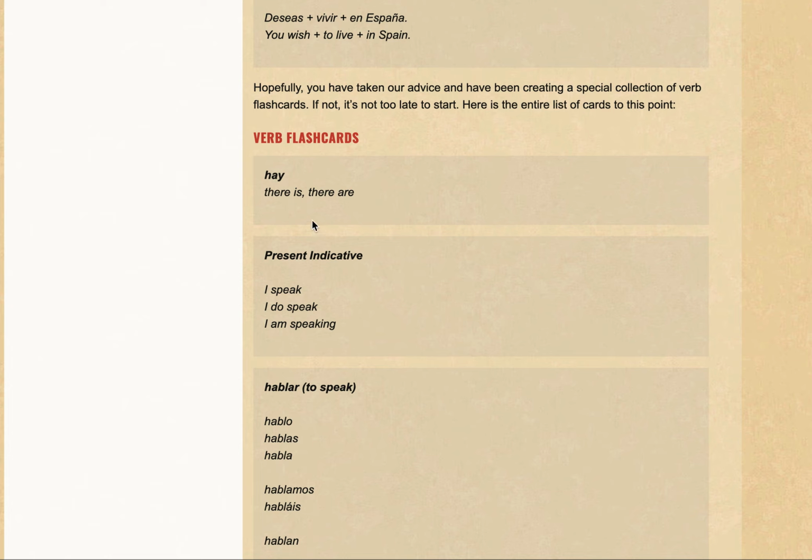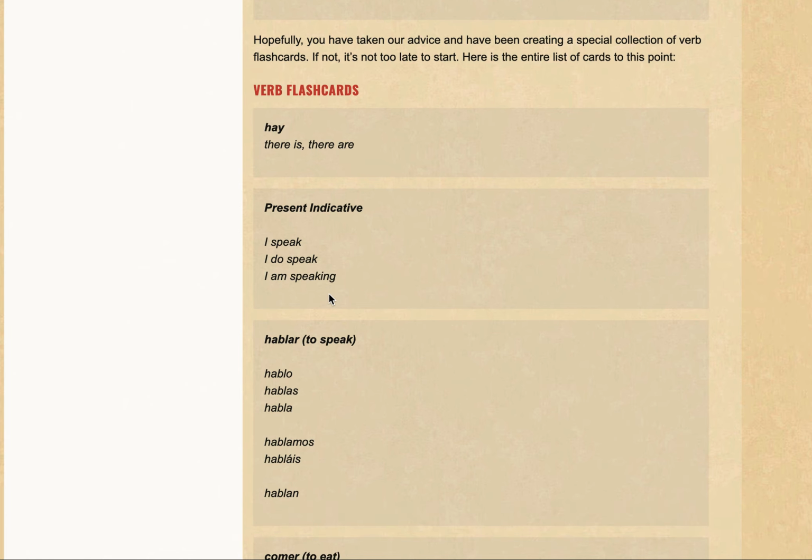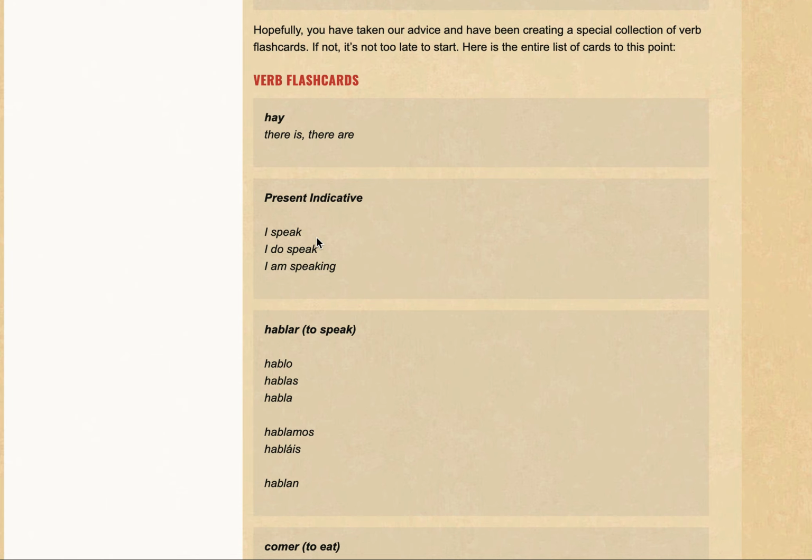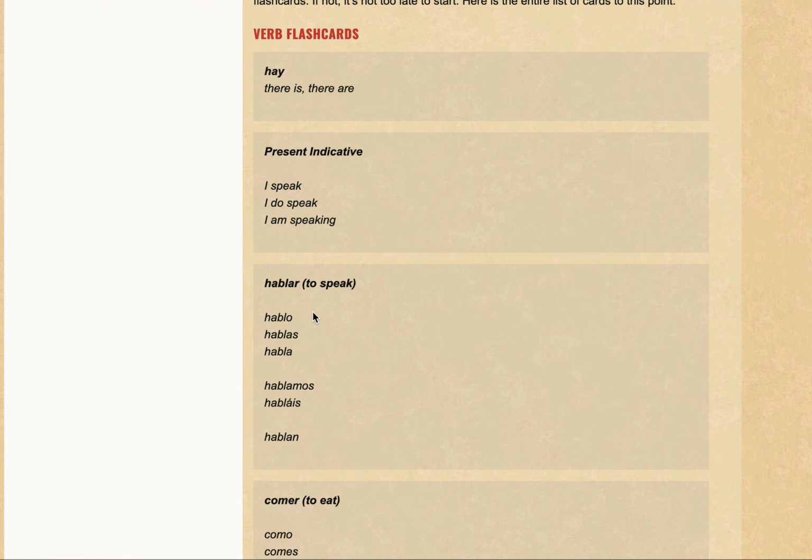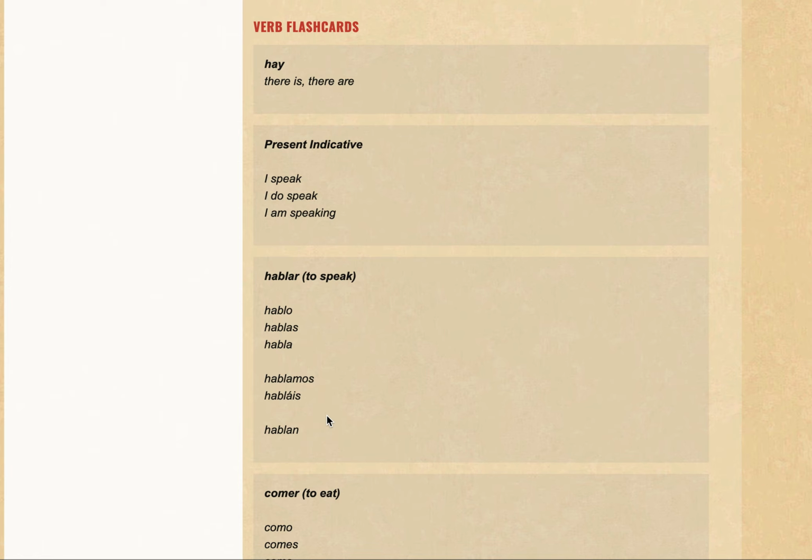So it means there are present indicative forms: I speak, I do speak, I am speaking. For hablar, different conjugated forms like hablo, hablas, habla, hablamos, habláis, and hablan.